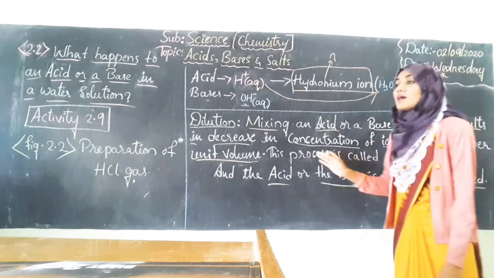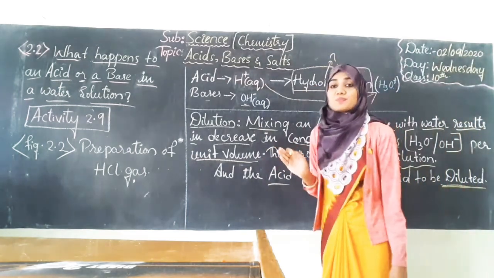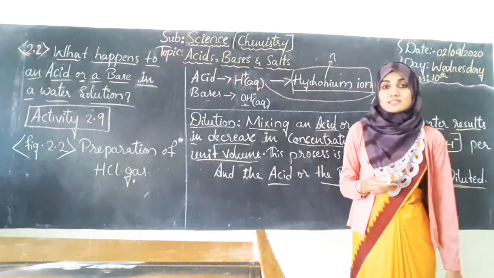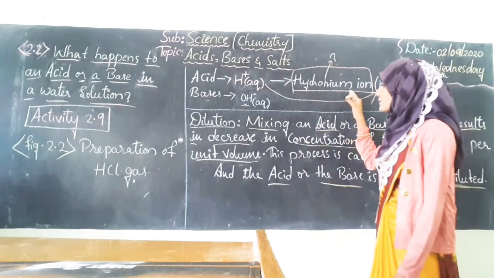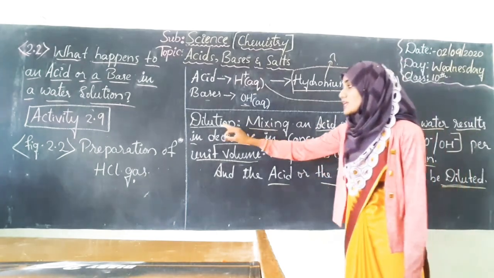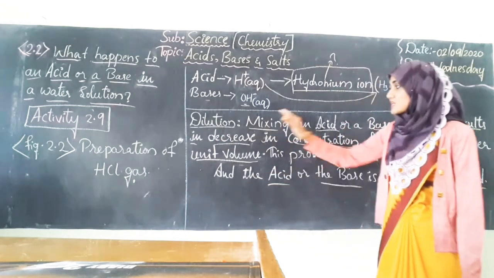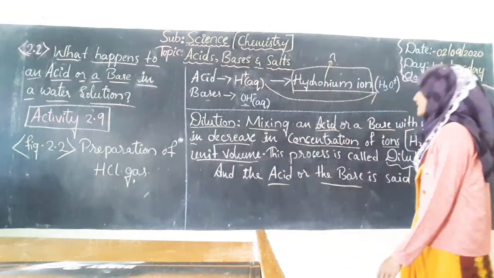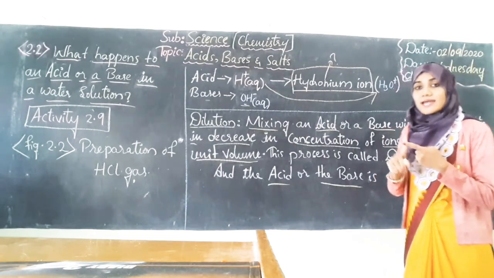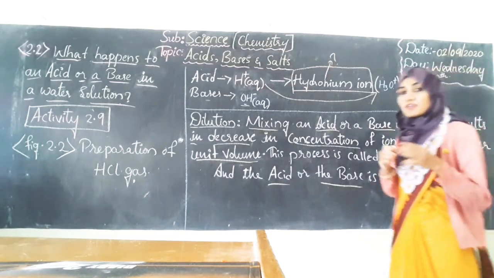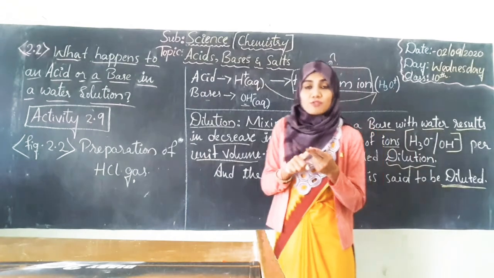Even this is a 1 mark question. All these three together have been asked for 2 marks in the annual examination. So what is hydronium ion, what is meant by dilution, and when will a substance be called diluted? So what is dilution? Mixing an acid or a base with water. If we are mixing acid with water, what will happen?